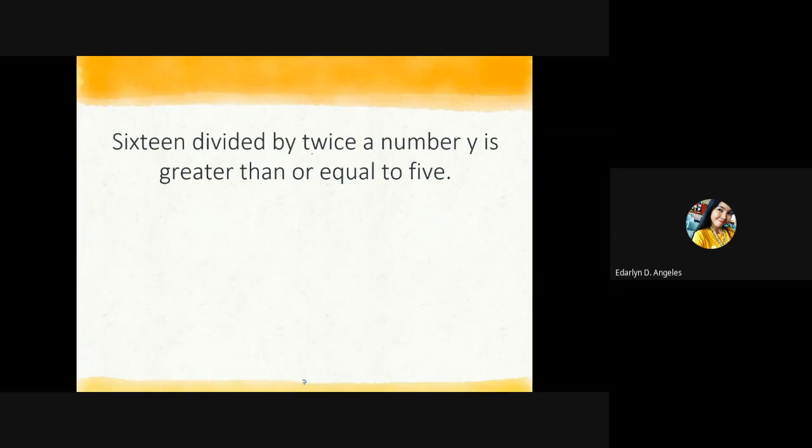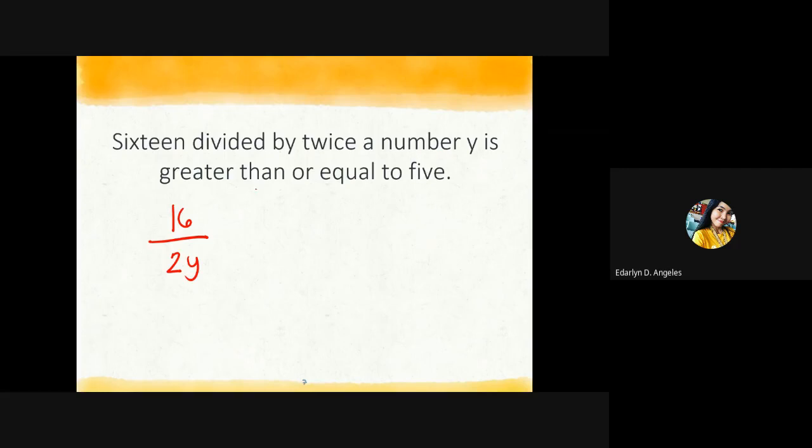16 divided by twice a number y is greater than or equal to 5. So here, let's write first the first expression, 16. Divided by twice a number y. So we have here the number y. Twice of it is 2 times y, or simply 2y. All right?